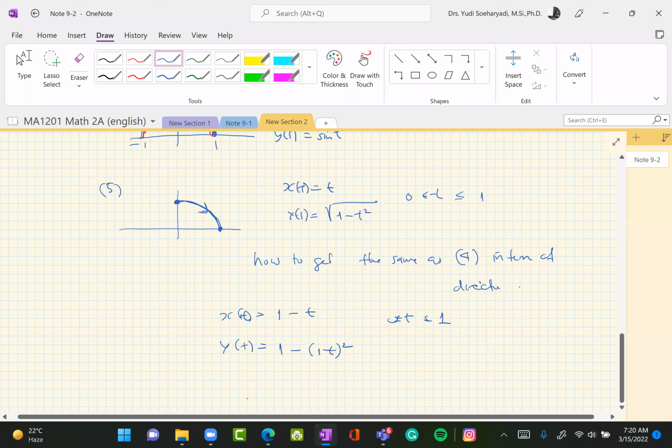Okay. All right. So what you have here is 1 minus t. 1 minus 1, that's, if t equals 0, then this is 0. That's not good.